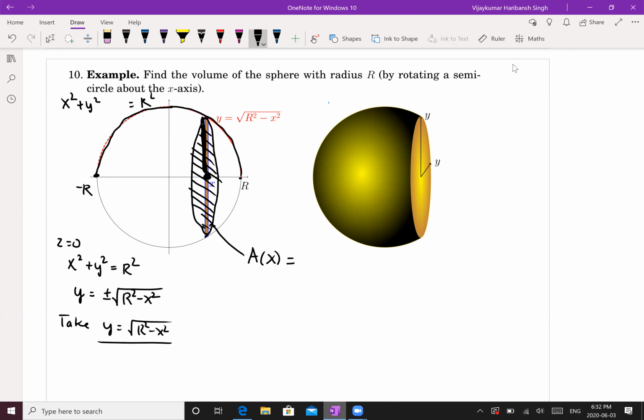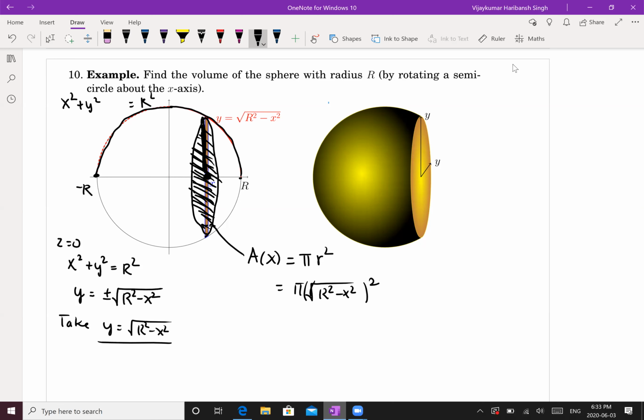Y is given by square root of r square minus x square. So is pi r square, right? And what do we get in that case? It's going to be pi square root of r square minus x square, the whole square. So this is the area of this cross section.